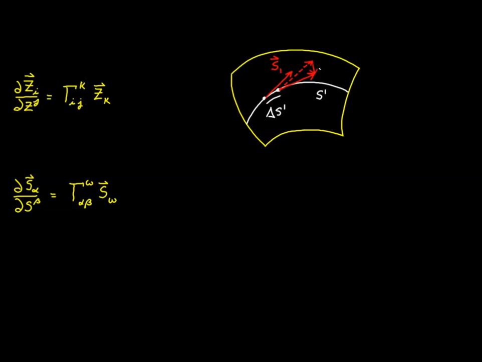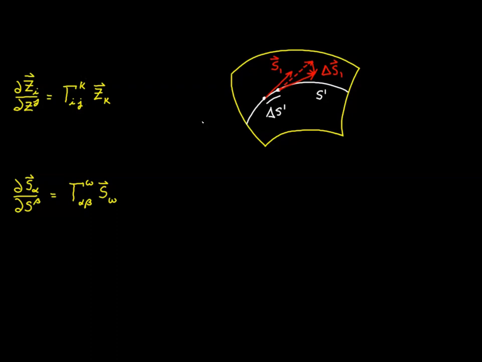So this is the change, the delta S1 value of our vector that's changed. So what we're doing in taking the partial derivative is finding the ratio of this change of the vector with respect to the change in the coordinate, and of course we're finding the limit of that as delta S1 goes to 0.